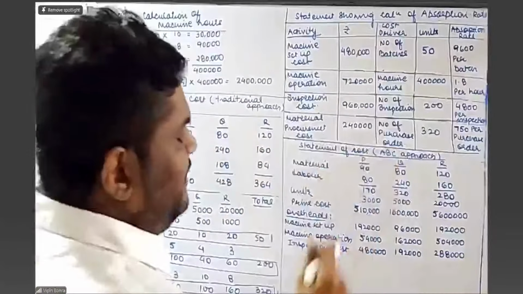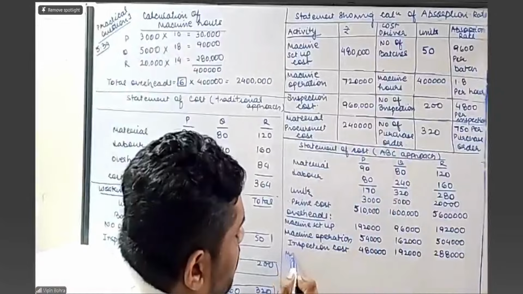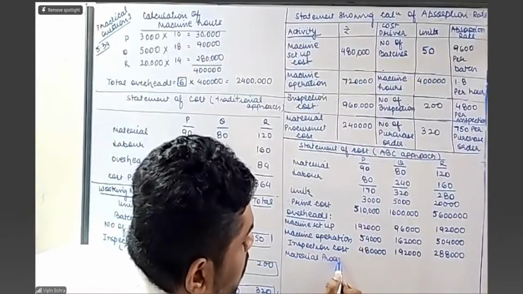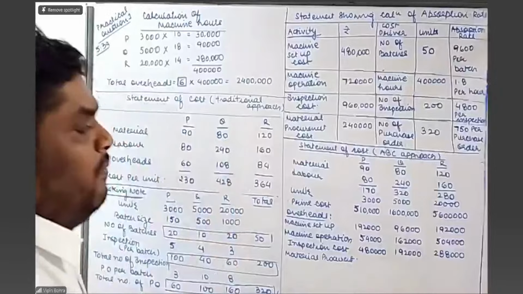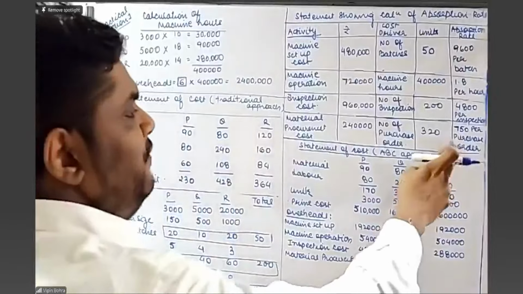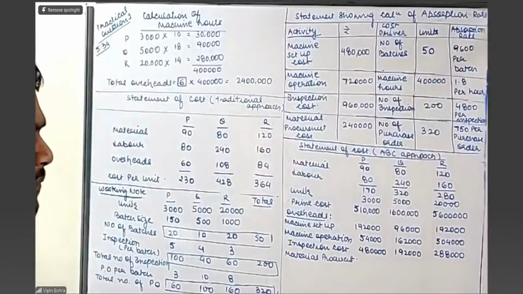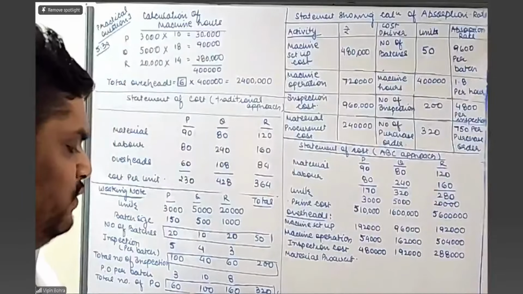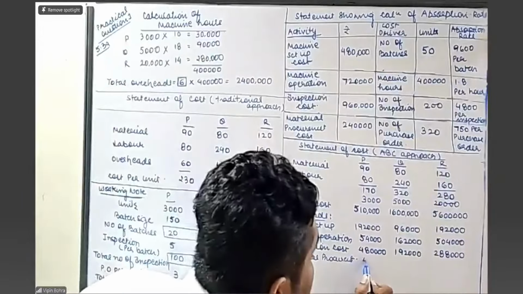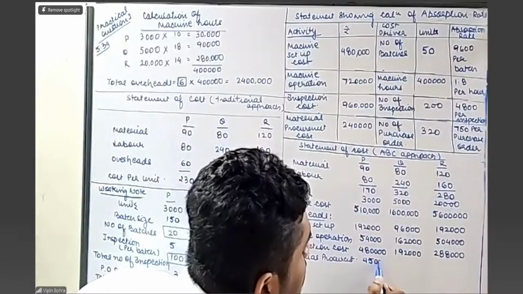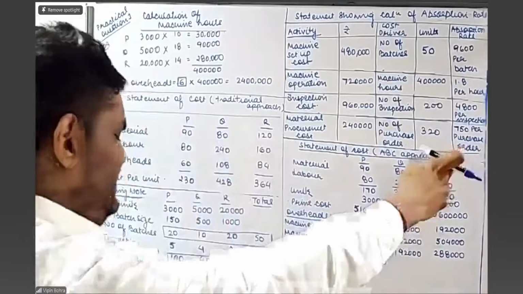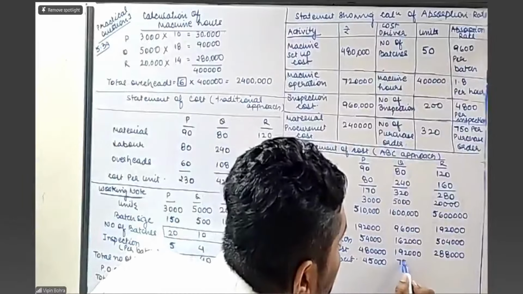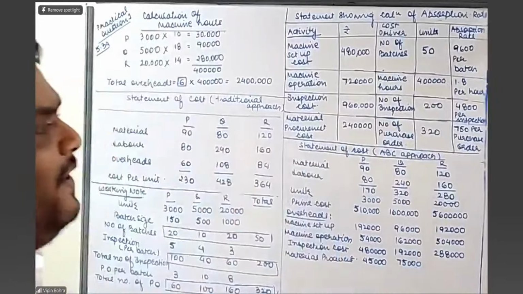Now next is material procurement cost. So it is 750 per purchase order, and the number of purchase orders also we have calculated. So 750 into 60, that is 45,000. Similarly, 750 into 100. This will be 75,000.